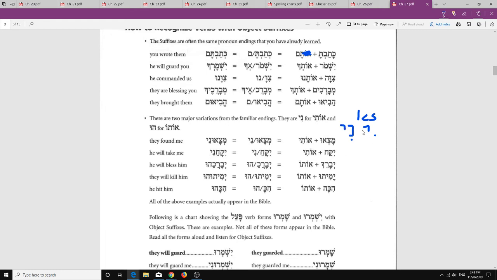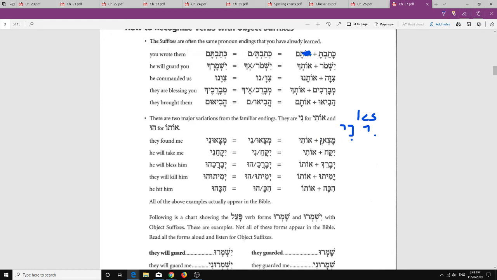The reason is because most verbs will end in an open vowel, and you cannot add two vowels to one another. So for instance, in this first example, we can't have matsui. In Hebrew, that just doesn't work out.